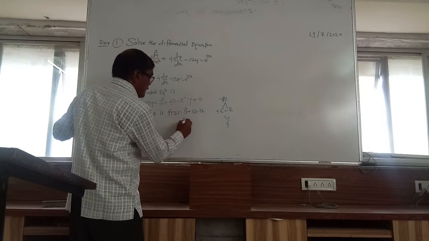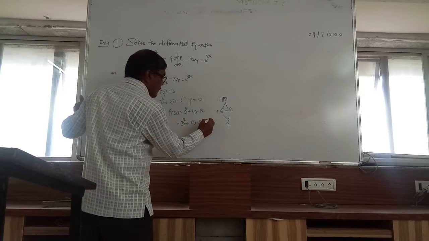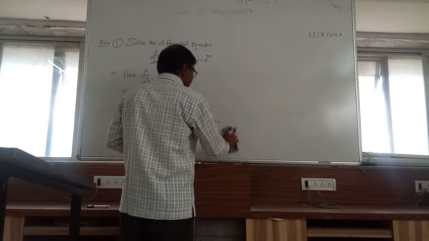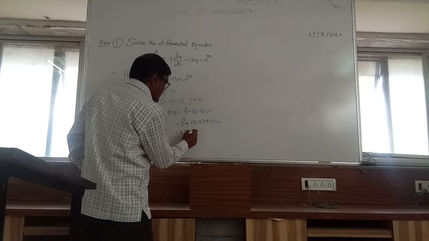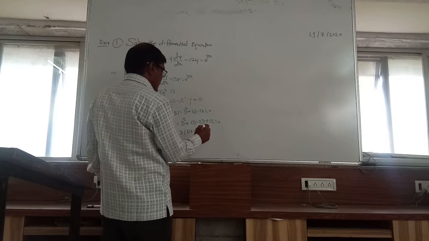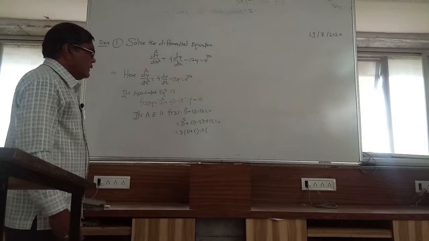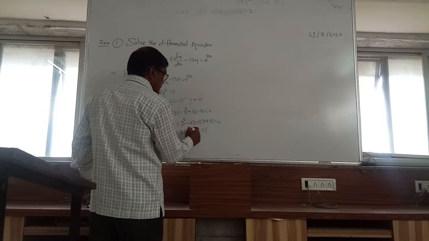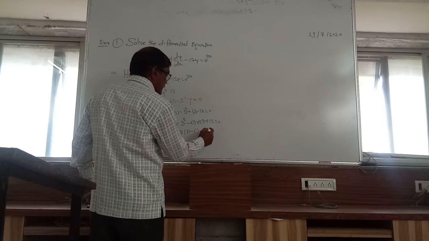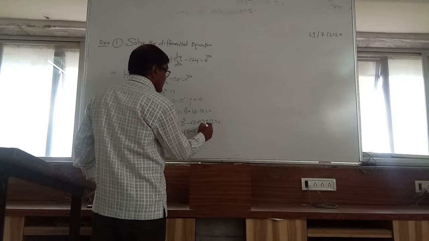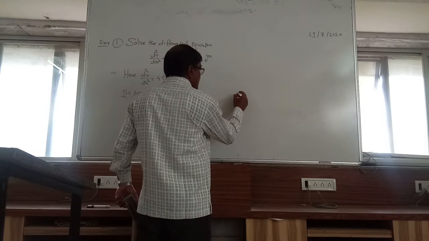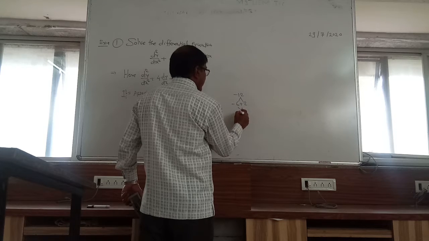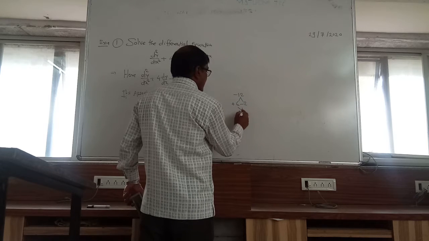Therefore we have the factorization D square plus 6D minus 2D minus 12 is equal to 0.